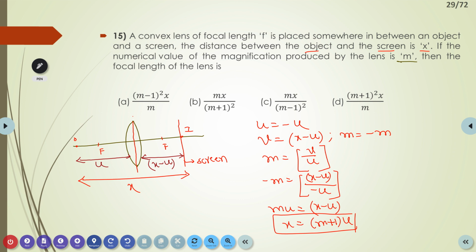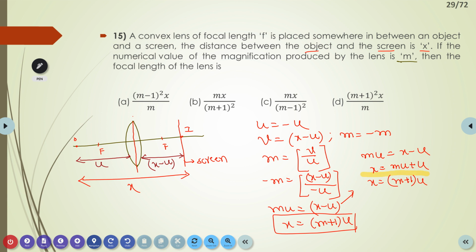Here from this you can simplify it. Here MU equal to X minus U. I want to calculate X. X equal to MU plus U, then X equal to M plus 1 into U.